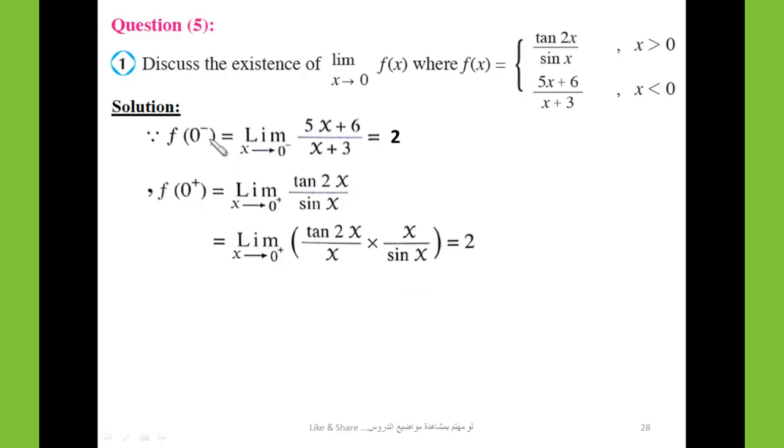So the left limit equals the right limit, and we write it f of 0 from the left equals f of 0 from the right equals 2. So the limit of f of x when x tends to 0, this is required, exists and equals 2.